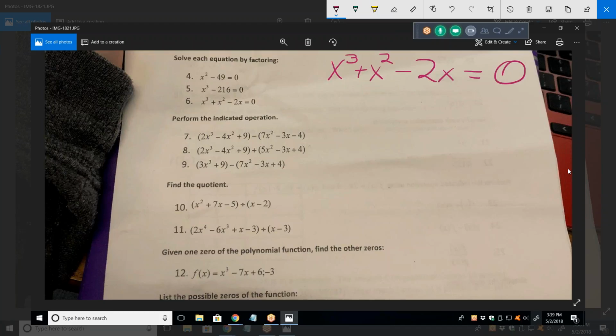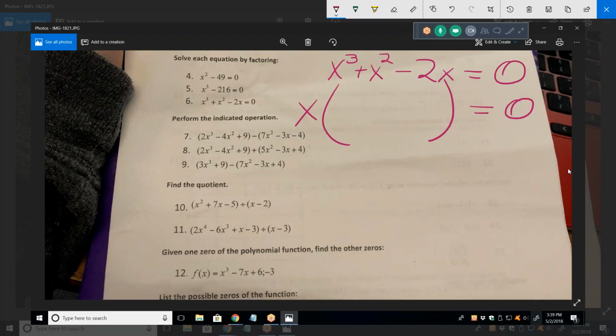What is it? The 2? Can you divide every term by 2? No. What can you divide every term by? X. That's it. That's the greatest common factor. Remember, you always have to be able to divide every term by it.